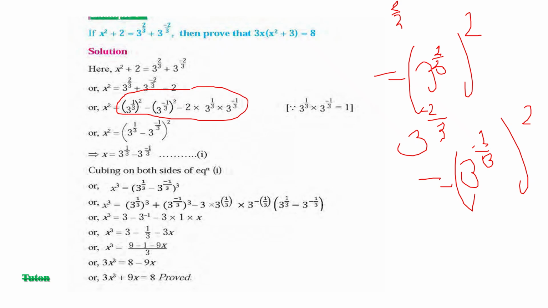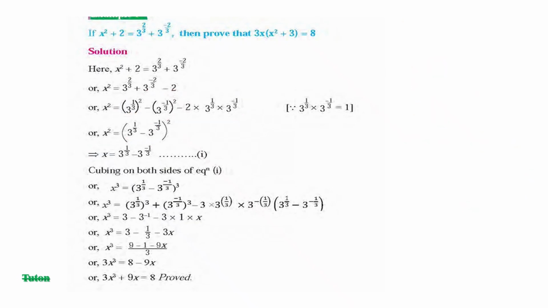This term can be alternatively written as (a - b)^2, a being 3 to the power 1/3 and b being 3 to the power negative of 1/3. On the next step, we are supposing that x is equal to 3 to the power 1/3 minus 3 to the power negative of 1/3, so that it would be much easier for us to solve this problem.